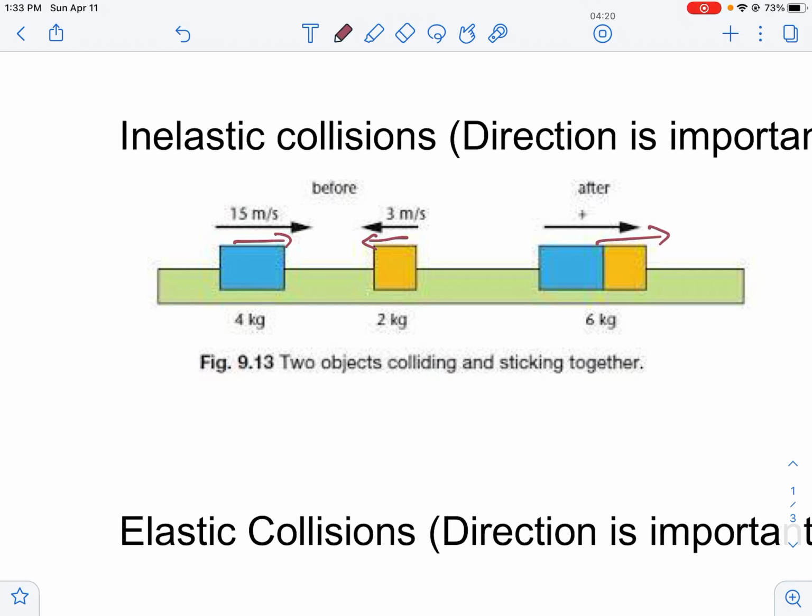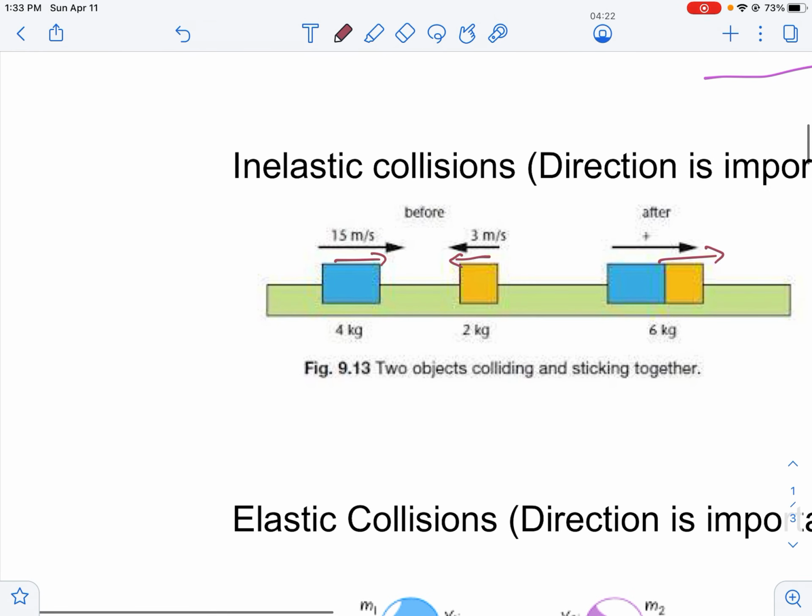Okay? So that's what's happening. And just as a quick reminder, remember that mass is going to remain constant. Right? Neither of these things are going to gain or lose mass because of this collision.